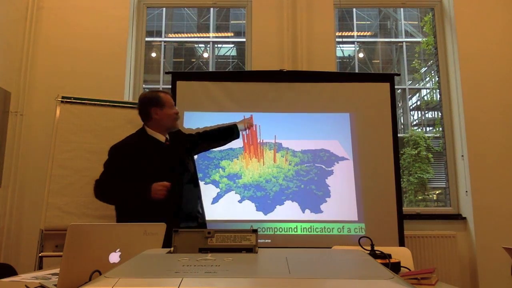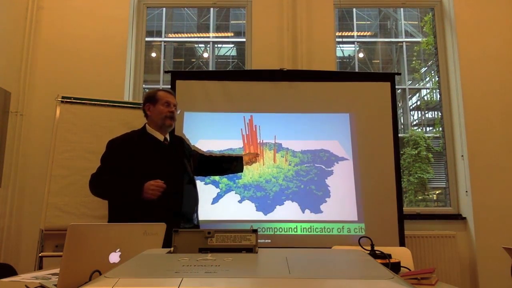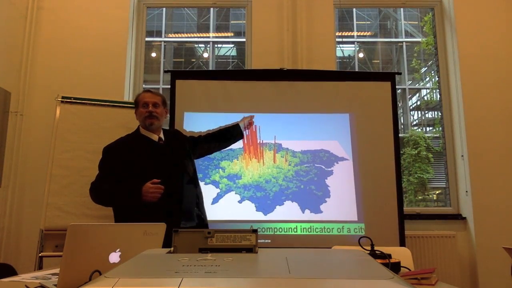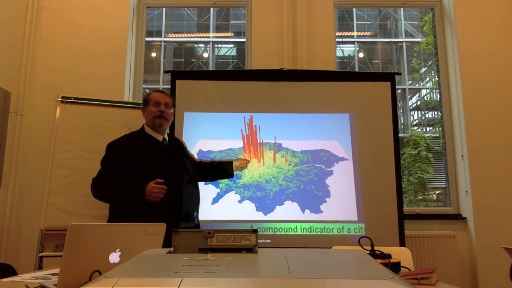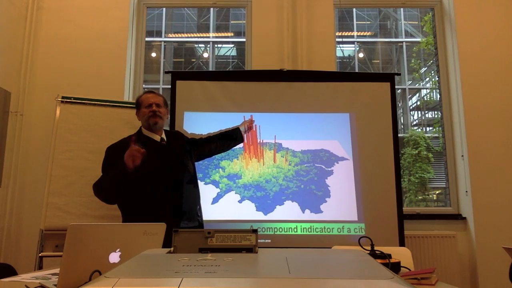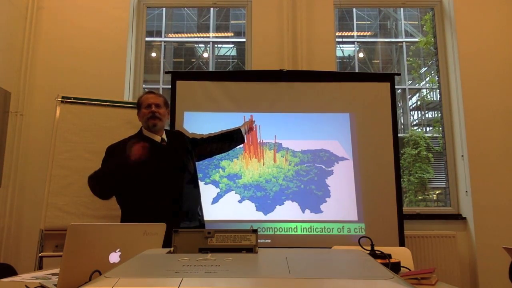Profitable land users, commercial land users can always pay more than households for their housing. So we have high densities, commercial land users, shopping centers, office space that can pay a lot, and on top of that, they can hold high density. Shopping centers cannot hold high density. They pay even more per square meter than office space.